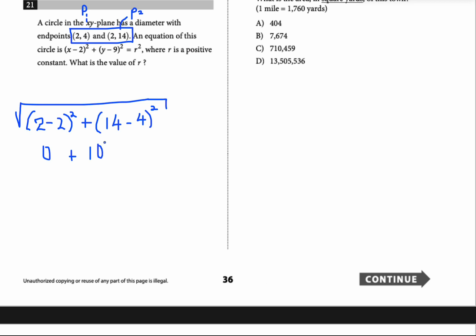Mind you, we still have to square it here, so we square it and we get 100. We're still within the square root, and the square root of 100 is just going to be 10.